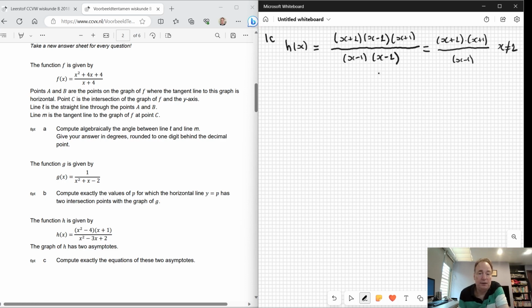Now, let's look at possible vertical asymptotes. So from this, you can see that it has a vertical asymptote when x equals 1.